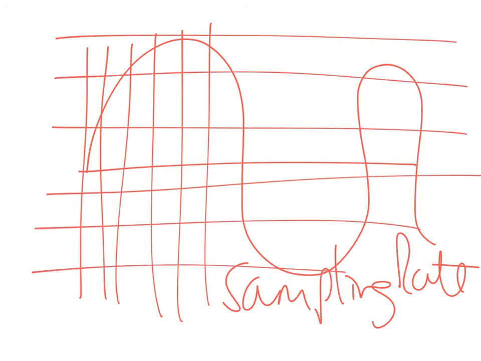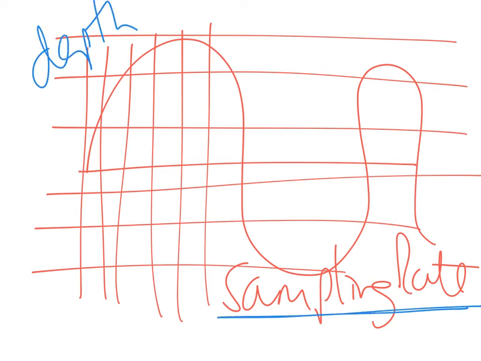So sampling rate, how often a sample is taken of the original sound, and the depth is similar to the colour depth, is the number of bits that we can have to recreate the sound.